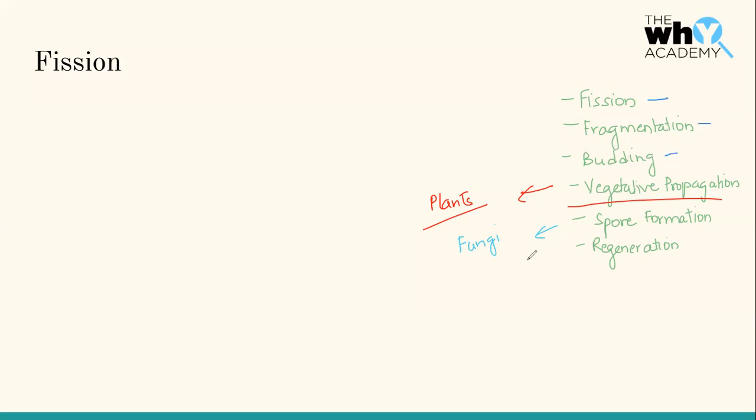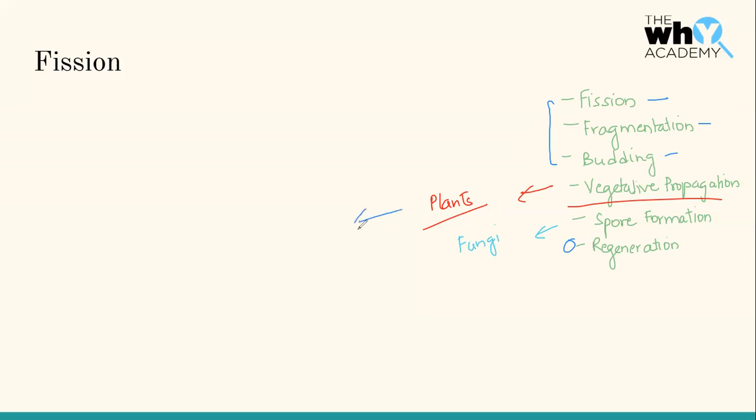Fragmentation, budding and regeneration can be done either by unicellular organisms or by small animals, right? There are a lot of examples. Vegetative propagation is specifically for plants.